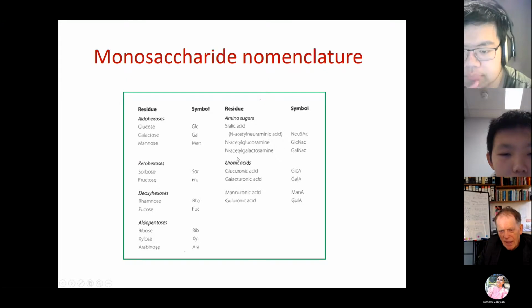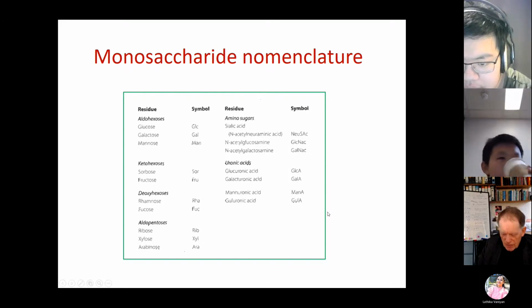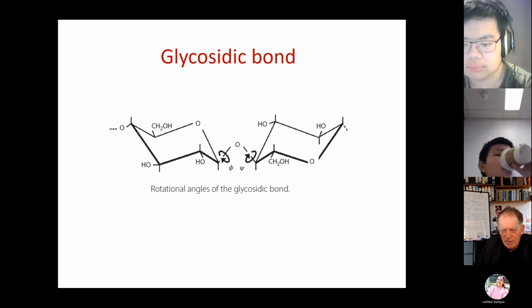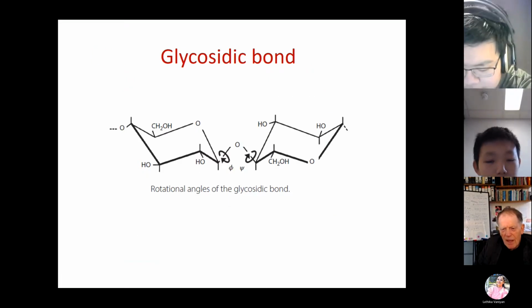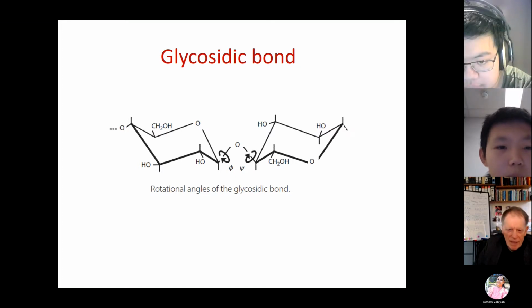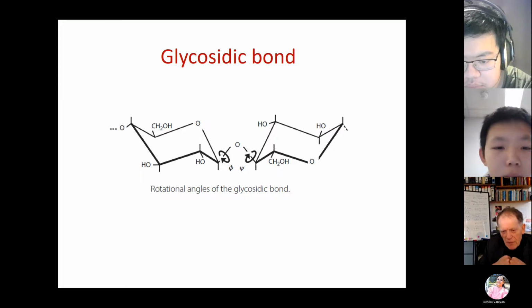GalNAc, N-acetyl-galactosamine, glucuronic acid, galacturonic acid, mannuronic acid. These are just some examples of monosaccharide nomenclature. And these come together via what's called the glycosidic bond, in parallel to what's called the peptide bond with proteins forming from amino acids.